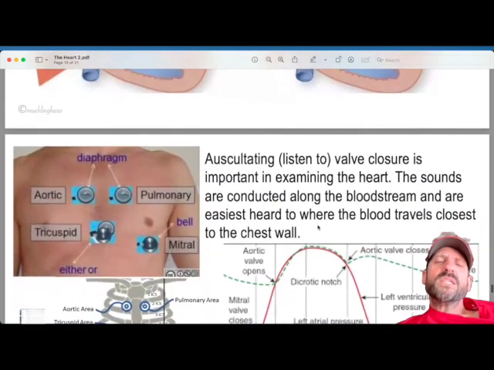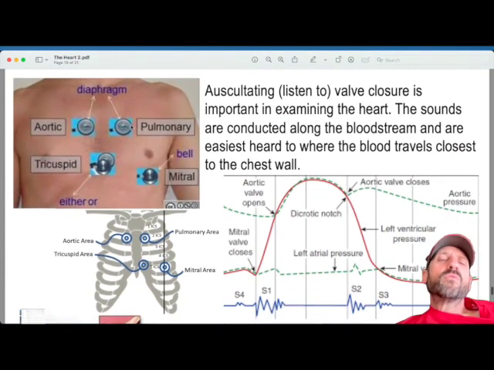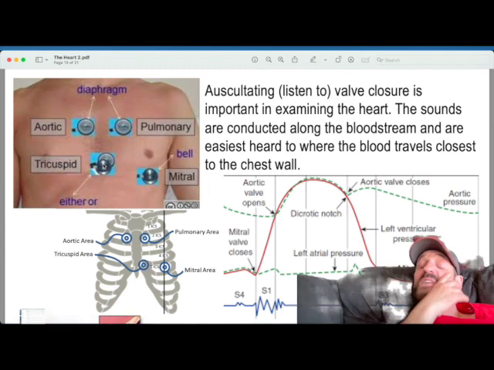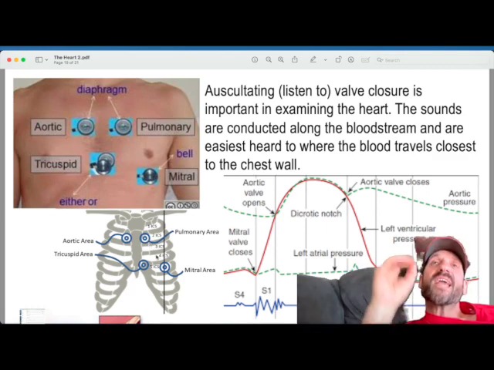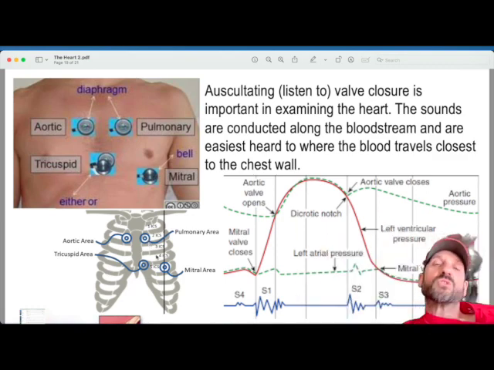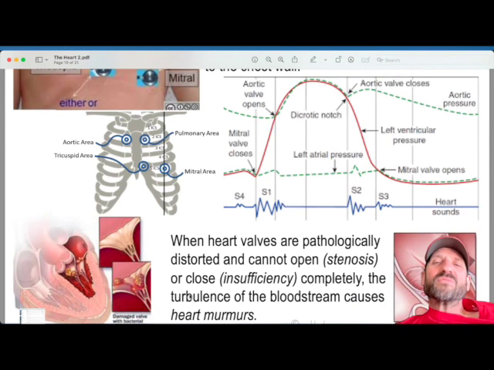And we go into detail in the video more, and also you have a diagram here in the book where you can actually learn how to place the stethoscope for the different types of valves that you really want to hear. These are the places where the sound echoes best off the chest wall. So medicine has done some pretty sophisticated stuff, especially when it comes to cardiology.